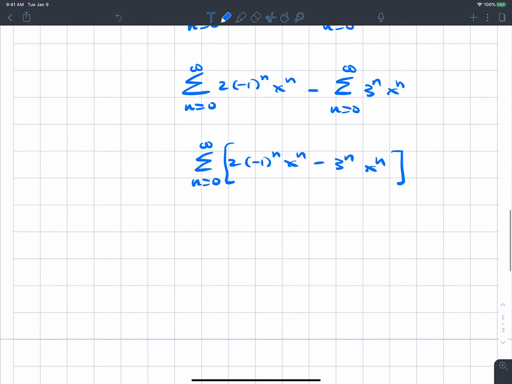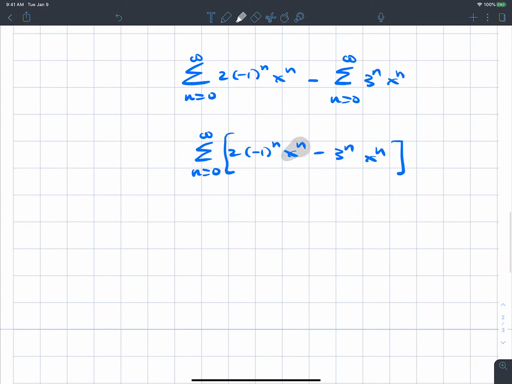Now, as you guys can see, what we can do here is factor out the x to the n. So you're going to be left with this summation, starting at 0 to infinity, of 2 times (-1) to the n, minus 3 to the n. This is my constant, and this is now x to the n.